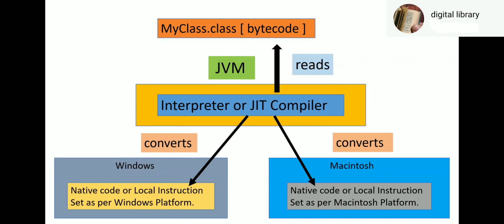Yes. So JVM for Windows knows how to convert bytecode to Windows native code, and JVM of Macintosh knows how to convert bytecode to native code of Macintosh. So for Windows or Macintosh, a different JVM for each. Yes, JVM is different for different platforms. Okay, thank you.